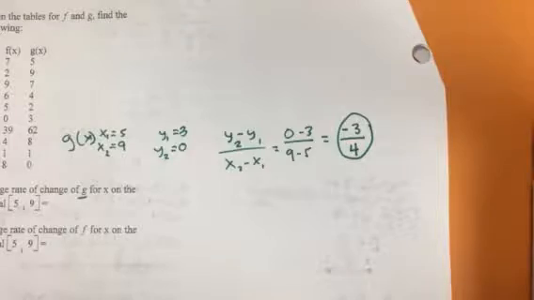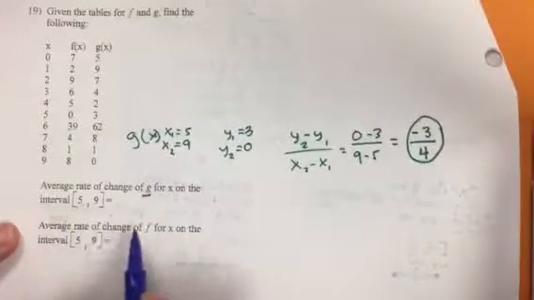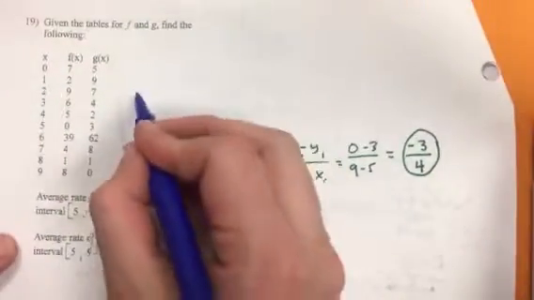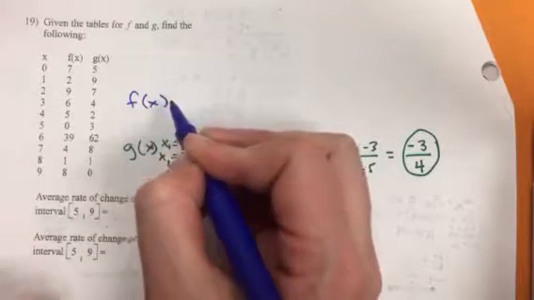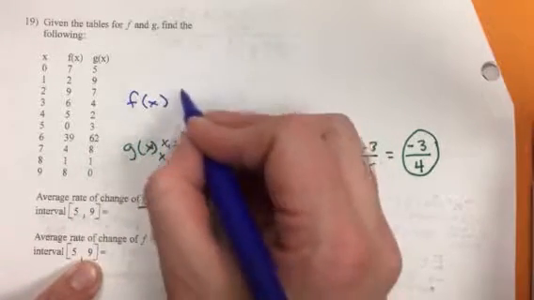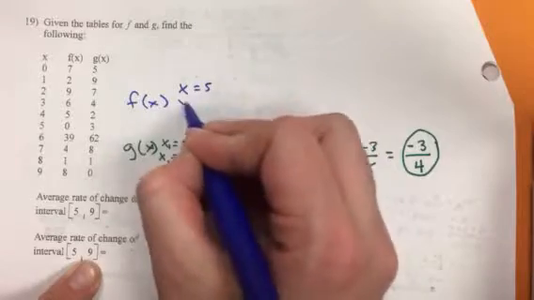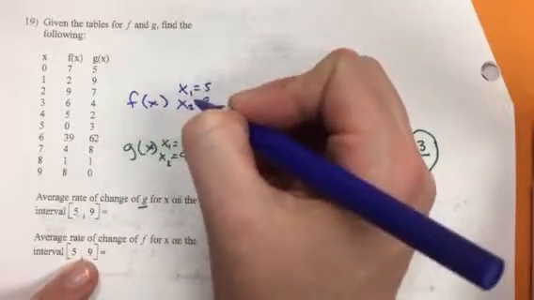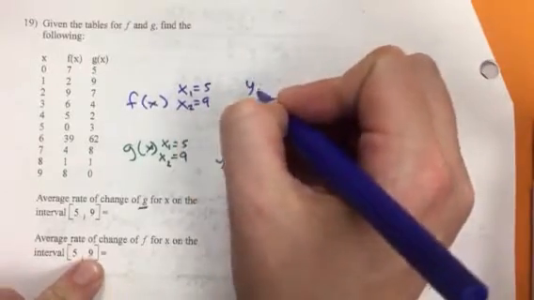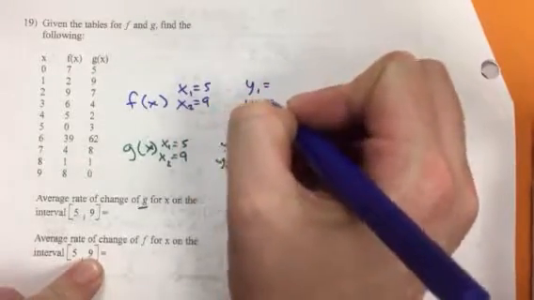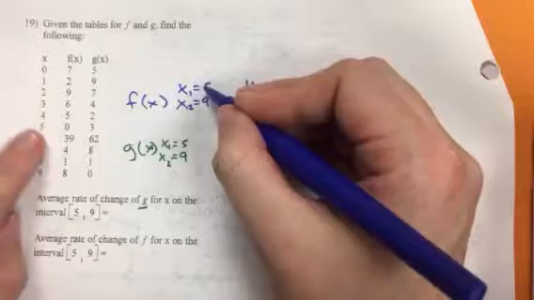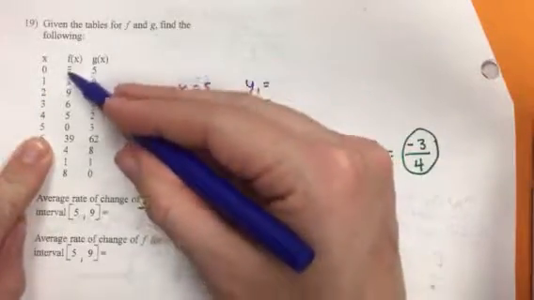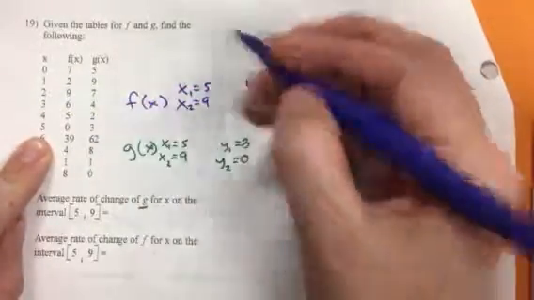Next on the question it says average rate of change for f of x from x equals 5 to x equals 9. First x, second x, that means I'll have y1 and a y2. When x is a 5, f of x is 0.